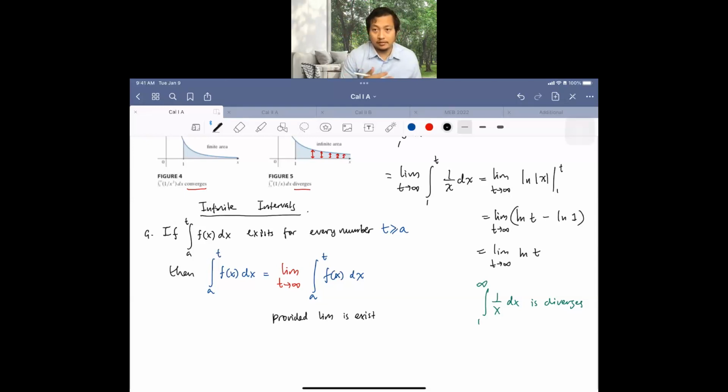If the limit doesn't exist, then it's divergent.